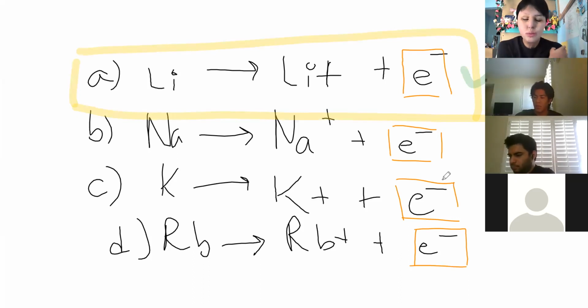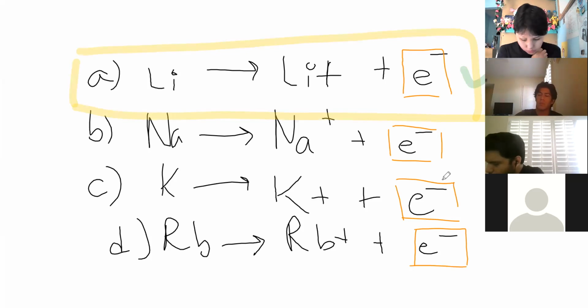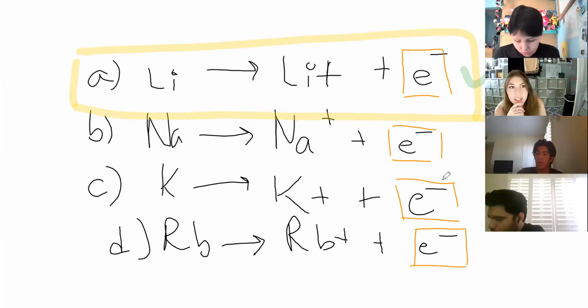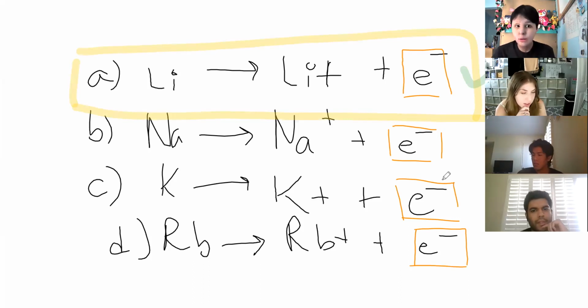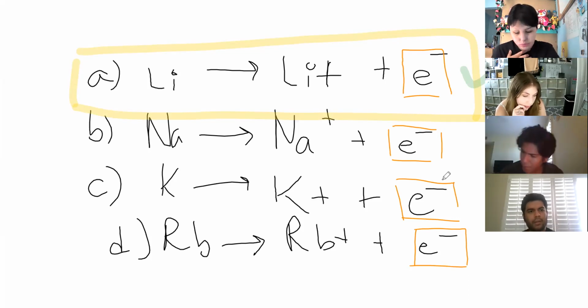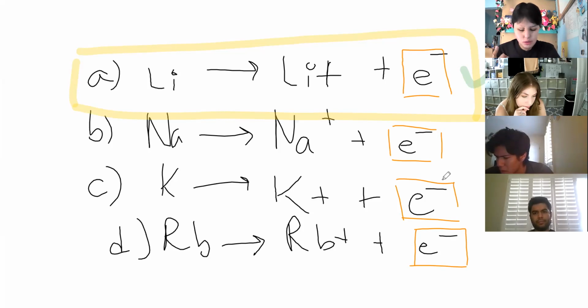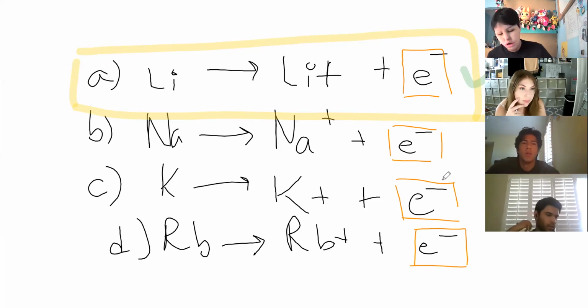According to the answer key, the answer is B though. I don't know if the answer key is correct. Yeah, that's why I was saying it could be wrong. For example, the first one, I wasn't super sure if it was cesium. I think it should be cesium, but some of these review answer keys are wrong.